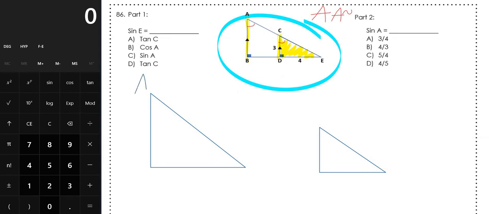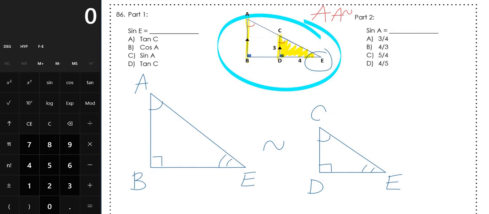Triangle ABE is similar to triangle CDE. Angle B is congruent to angle D because they're both right angles. Angle A, we said, is congruent to angle C because they're corresponding. And then angle E is an angle that they share, so those two angles are going to be congruent as well because of the reflexive property of congruence.